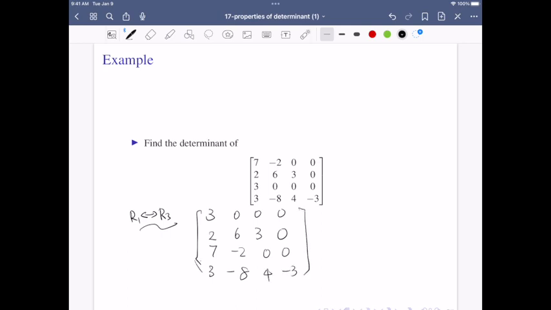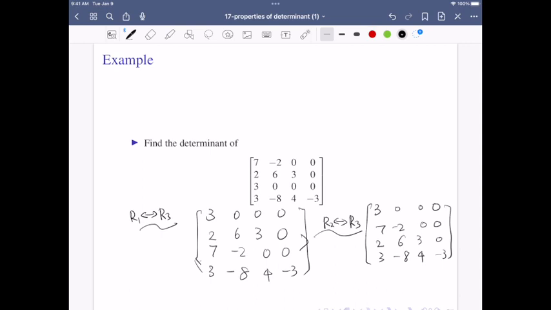Now I'm going to do another swap. Now I'm going to switch these two, R2 and R3. This gives me 7, negative 2, 0, 0 in the second row, and 2, 6, 3, 0, and 3, negative 8, 4, negative 3.